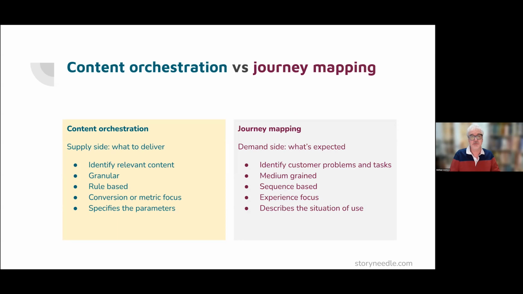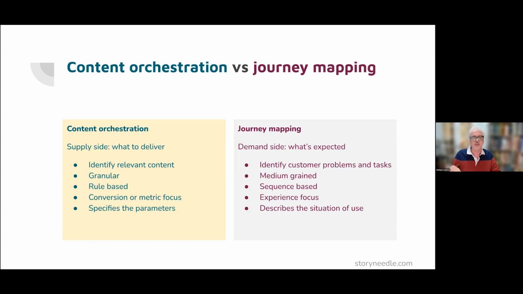The content orchestration is really there to determine the relevant content. It gets very granular because we need to get very specific about what to give people. And it involves rules. The only way we can manage the complexity of figuring out what to give people is to come up with some specific rules.